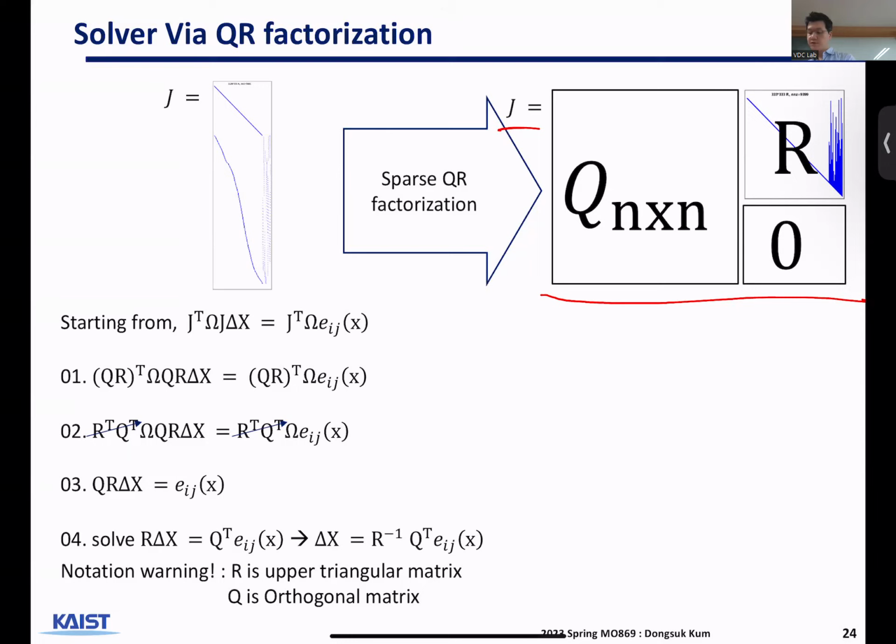The original equation was this, right? Where this was H and this was B. And now we have QR zeros, and we can plug those in, and this is what we get. But we can remove all of that, right? So we end up with this equation, and this is what we need to solve.